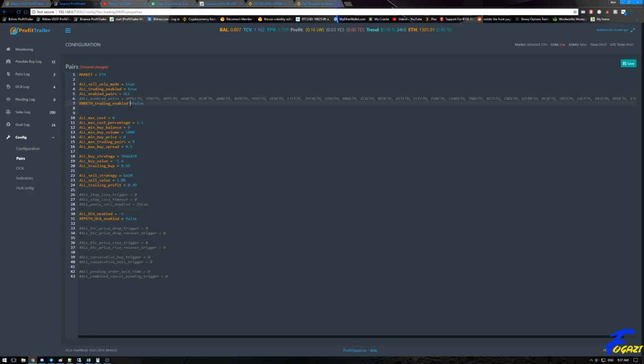There are no spaces there. It doesn't need them, but it looks nicer. So BNB enabled equals false. That will stop the bot from selling that BNB. Because some of you may have noticed BNB is going up in price a lot, and some people might see a 300-400% increase in their price, but it is still more cost effective to use BNB for trading.